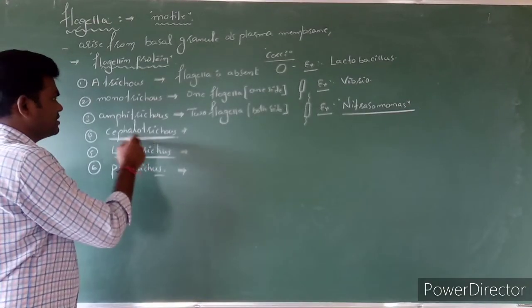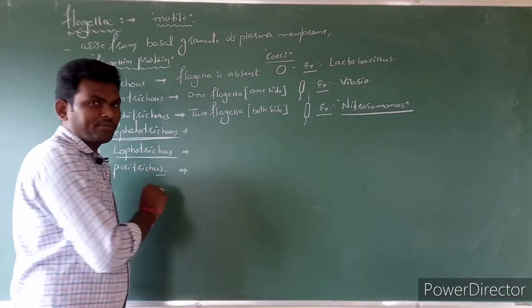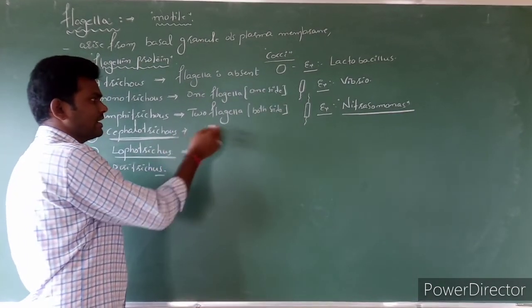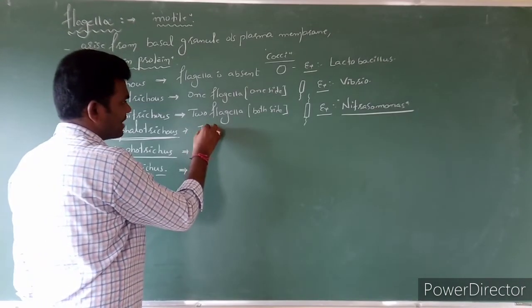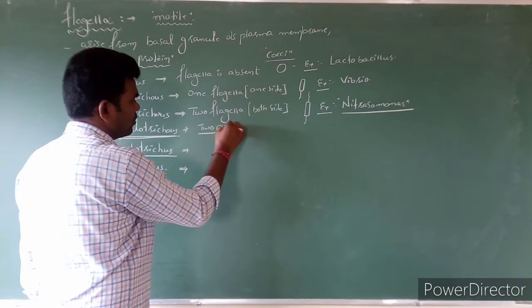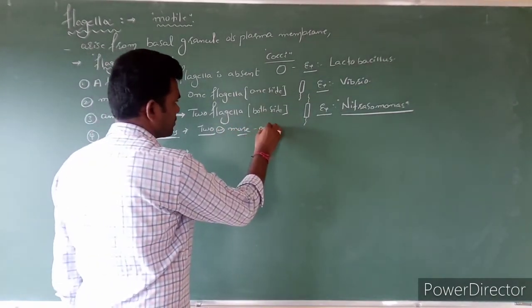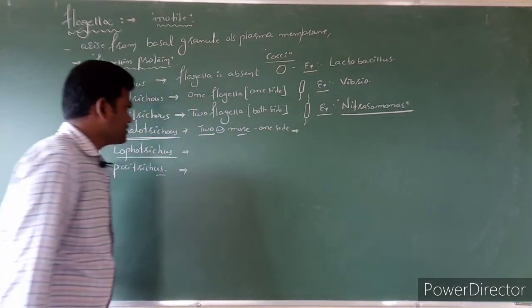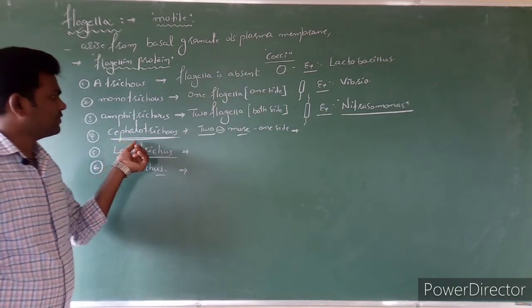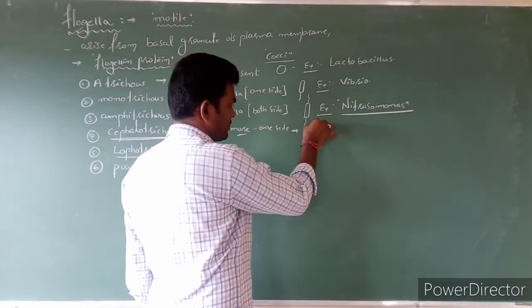And this one is Cephalotrichous. So in this case, what happened here? A group of flagella is present on any one side. Group means maybe two or more flagella present from one side. So such type is called Cephalotrichous bacteria. Here is the simple diagram of Cephalotrichous.